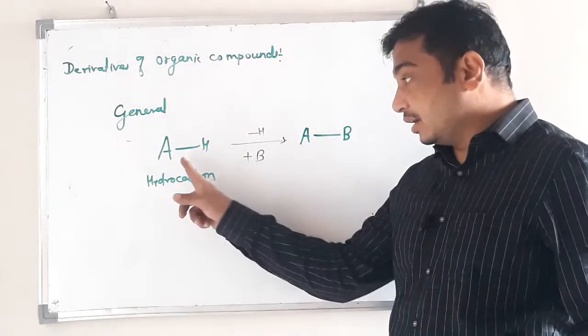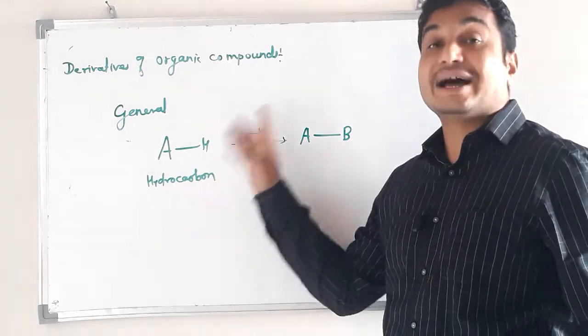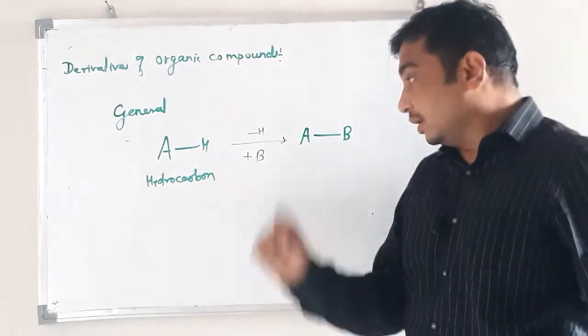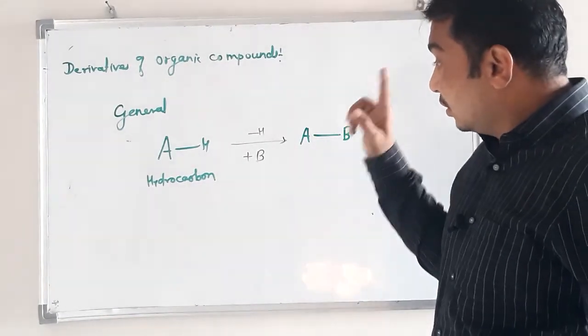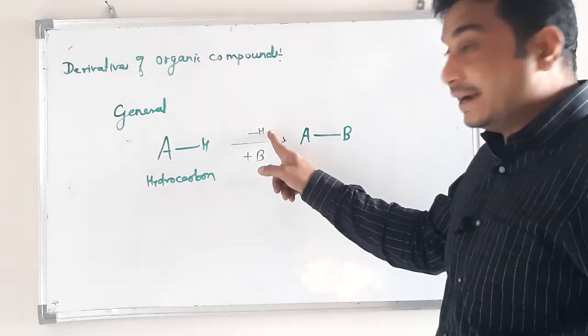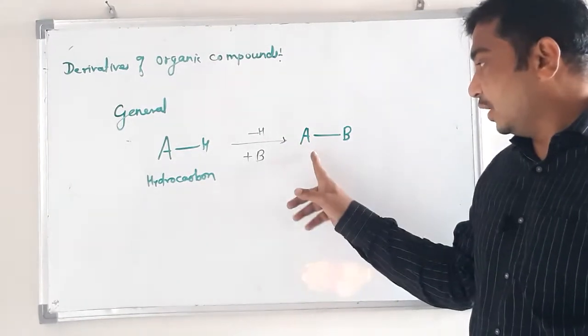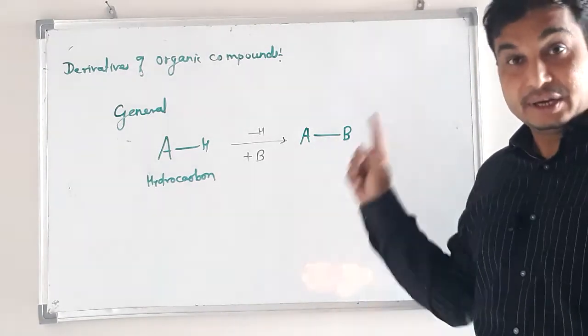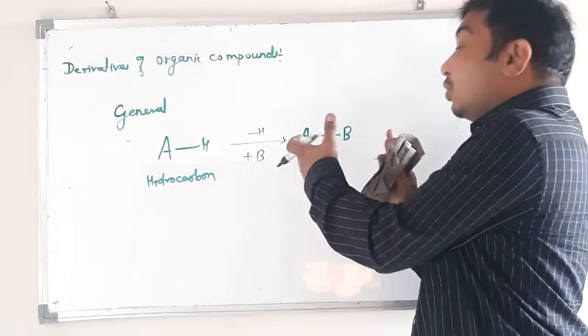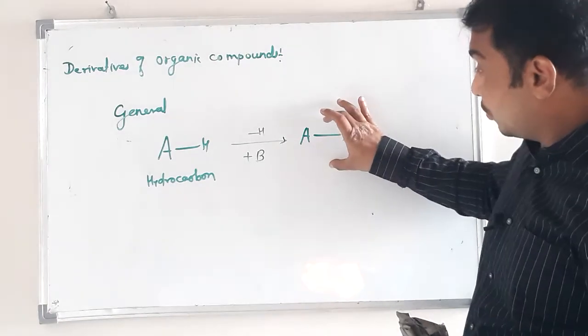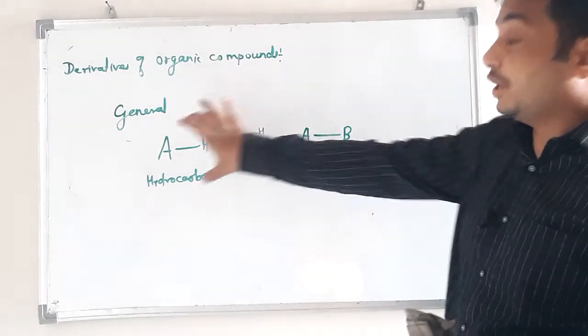Initially we took A-H, which is a hydrocarbon, and from that hydrocarbon we replace one hydrogen atom by another unknown atom B. Then we get A-B. It means this new compound obtained is derived from A-H.